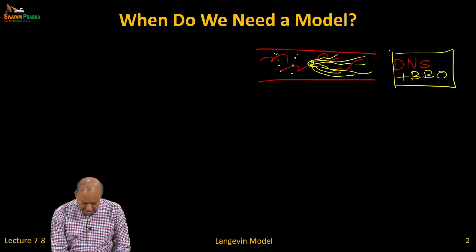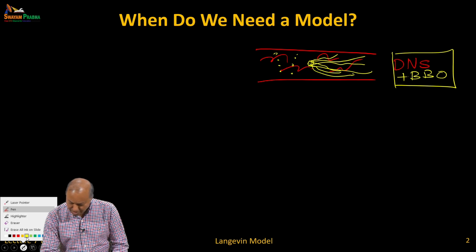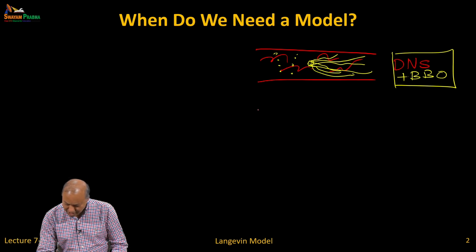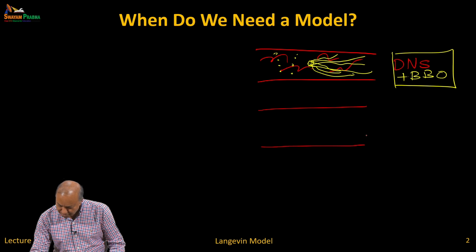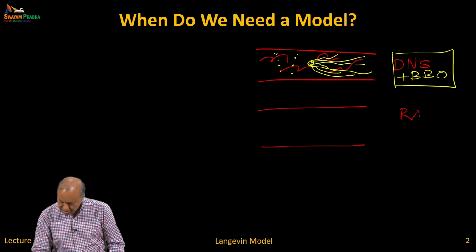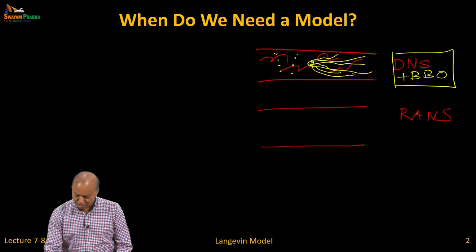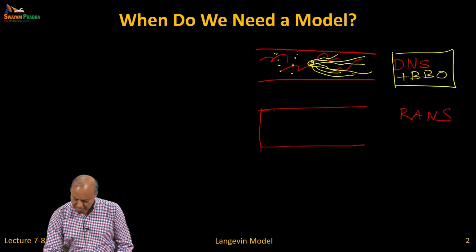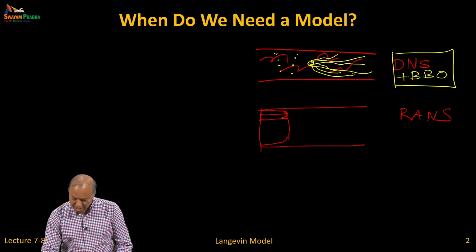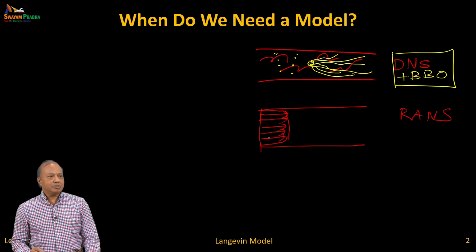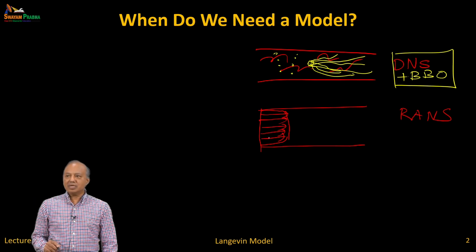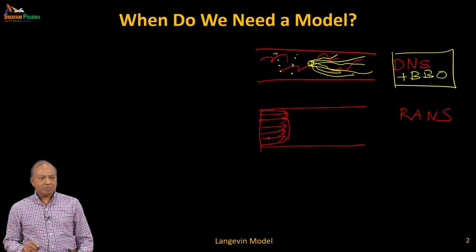Now let's look at the other problem where you're doing RANS of this flow. Your RANS is going to be a one-dimensional problem. In other words, you will have a turbulent flow velocity. And let's say your RANS is really good. You use RNG closure, some such thing.